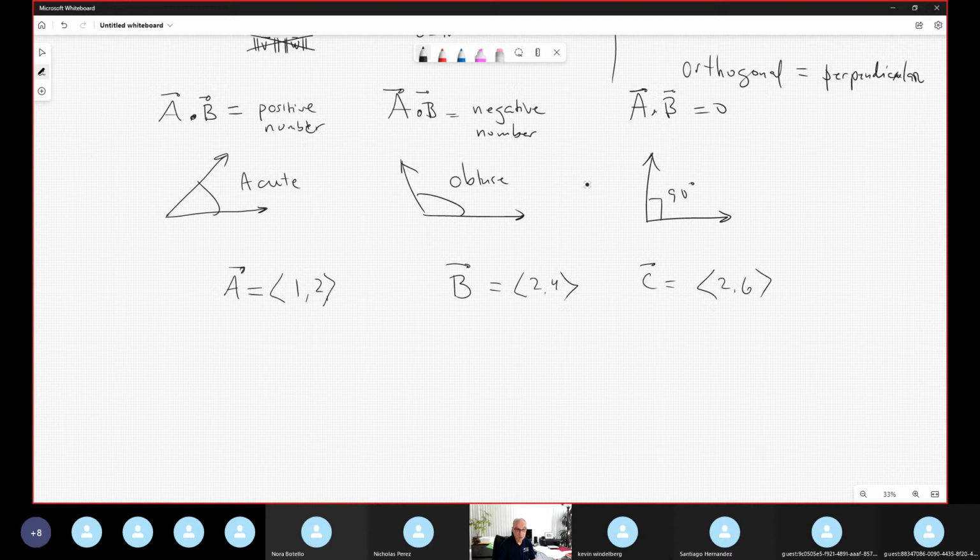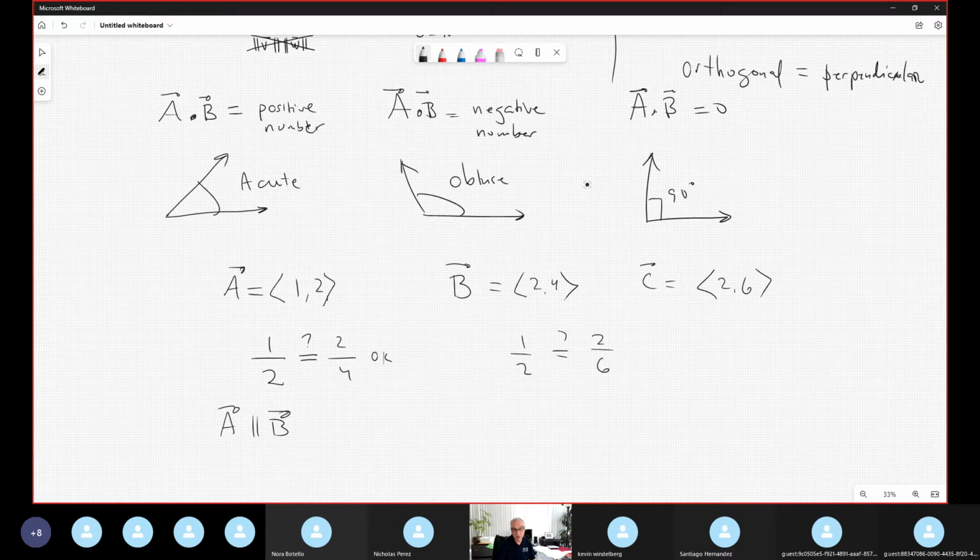You divide 1 divided by 2, and 2 divided by 4. They should be equal, I claim that. Oh, it's okay. So vector A and vector B are parallel. And what about C? Well, I have no idea. You divide 1 divided by 2, which should equal 2 divided by 6.